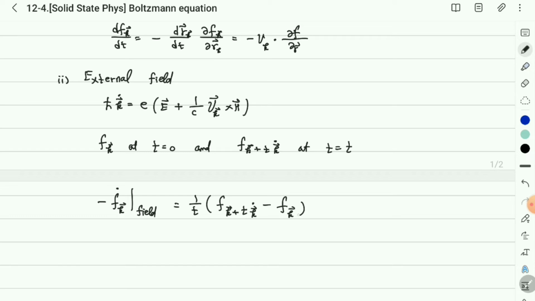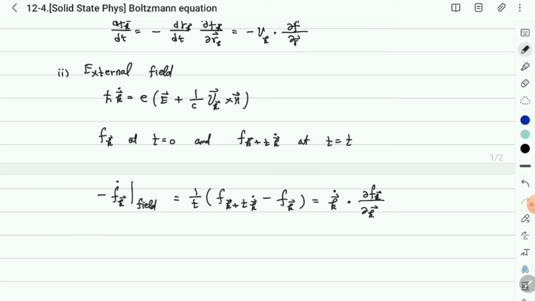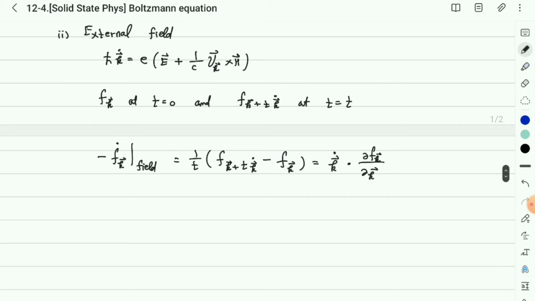Then it can also be written down as k-dot times partial f_k over partial k. This is the external field case. Therefore, we can write that the field term f_k-dot for field comes from this equation.